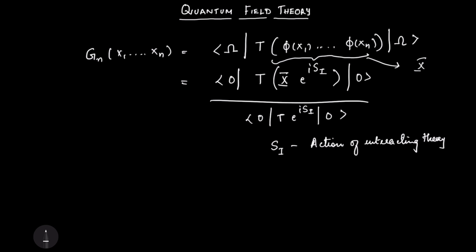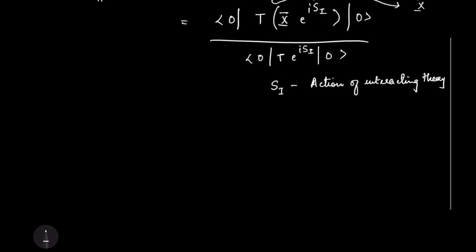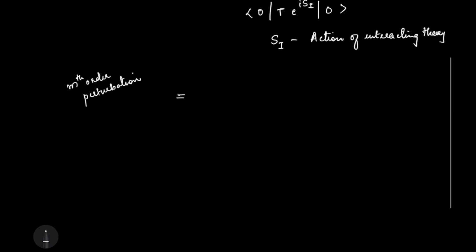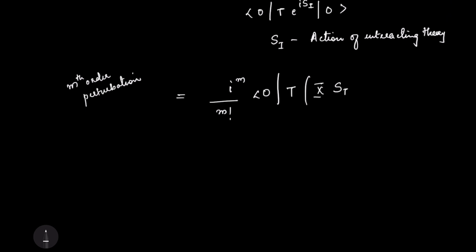After expanding the power series, we can write the numerator and the denominator for mth order perturbation. If the perturbation is of mth order, then I can expand the numerator and the denominator as follows. In the numerator: i^m / m! times the time ordering of x bar, and after expanding there will be m number of S_I.